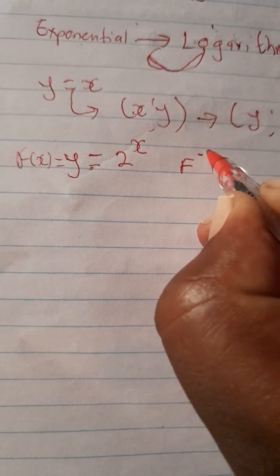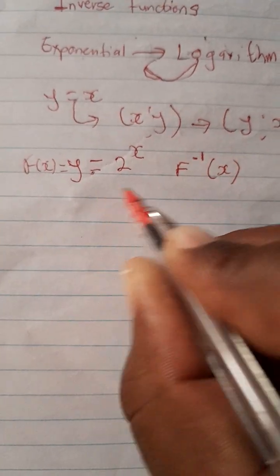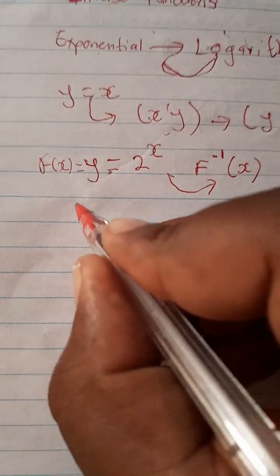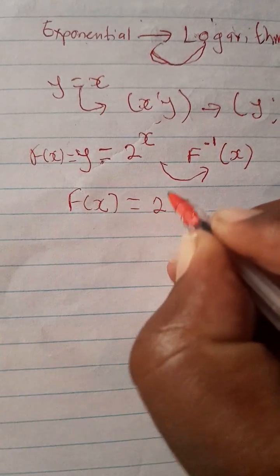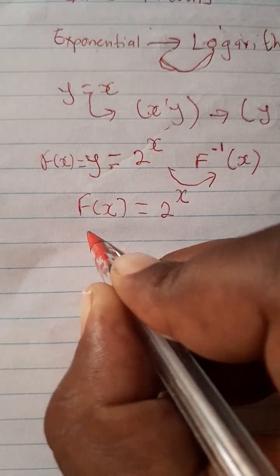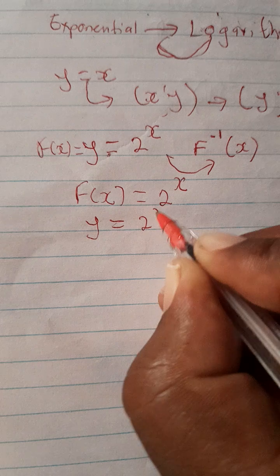They will use the notation f to the power of negative 1 of x. You're required to find the inverse in this form. Remember, you'll be given f of x equals 2 to the power of x. If you want to find the inverse, where there is f of x, replace it by y. So you're going to say y equals 2 to the power of x.